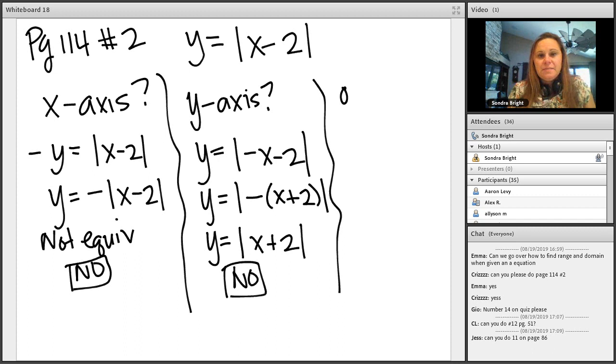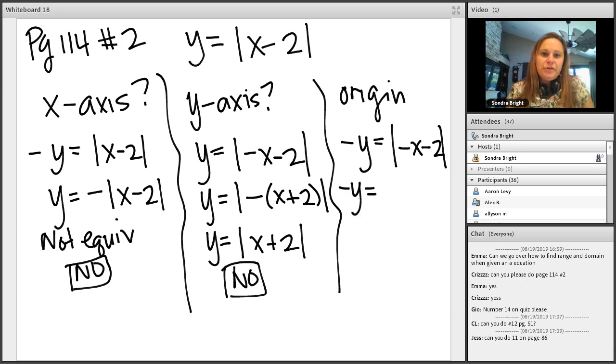To check if it's symmetric with respect to the origin, you plug in a negative x and a negative y, and you try to see if you can simplify it. You could do the same thing with the whole negative, but it's still inside of the absolute value.